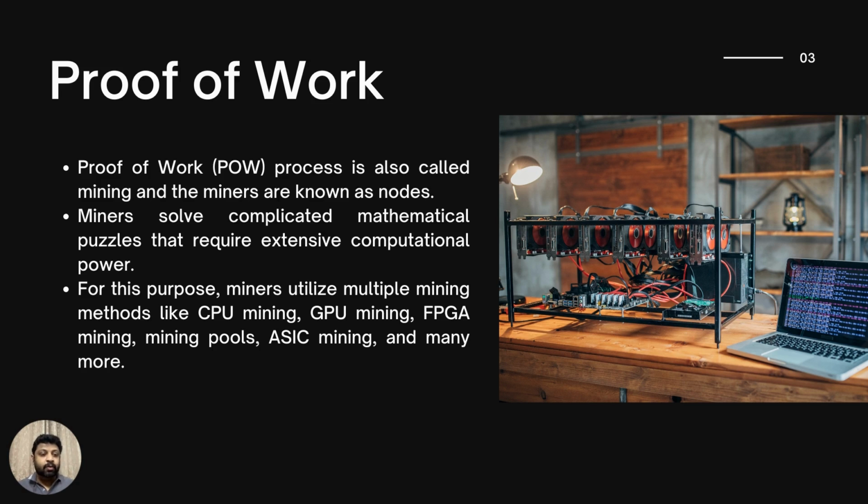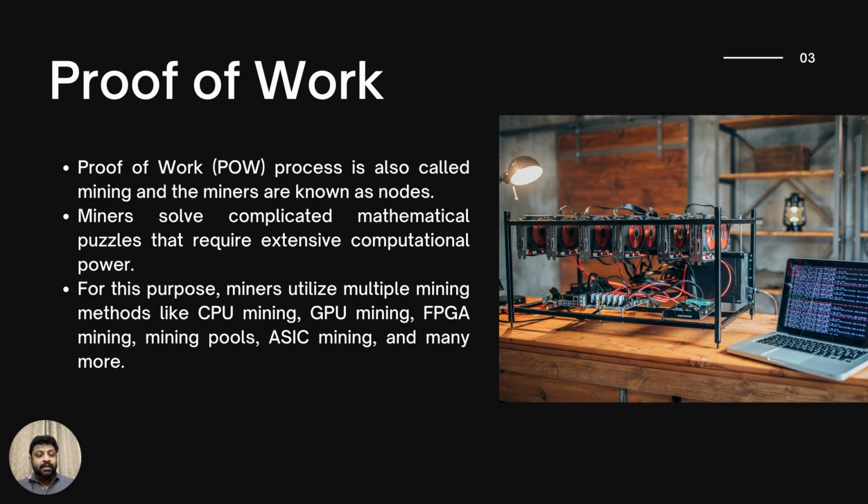Now, basically, how this consensus work is a very tough mathematical problem is given for the participants of the network. These are called nodes. And whichever node solves this particular mathematical problem at first is given an opportunity to mine the next block.